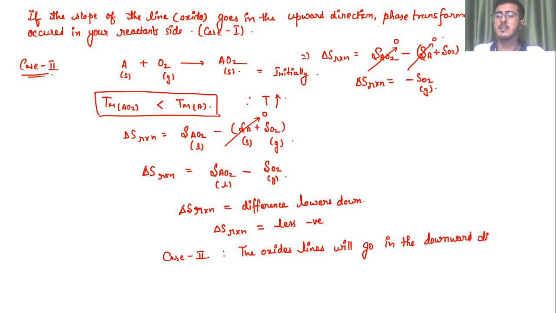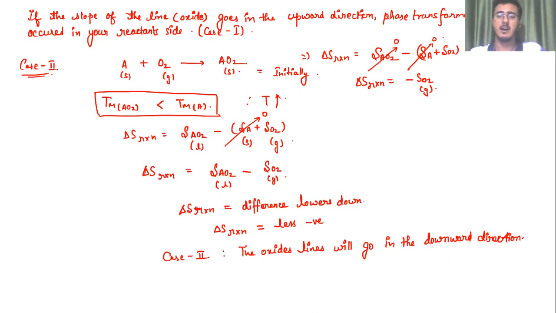So this is the reason why you obtain the change in the slope of some lines at a particular temperature value. Basically, there is a change in the transformation of the phase. So if the phase transformation occurs from your reactant side, your line is going to go in the upward direction. Whereas if this phase transformation occurs from your product side, the Ellingham diagram, the oxide line, will be going in the downward direction.